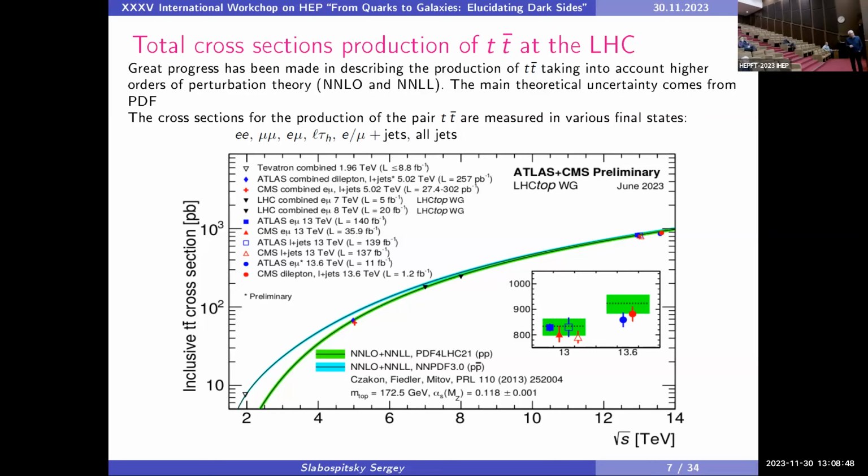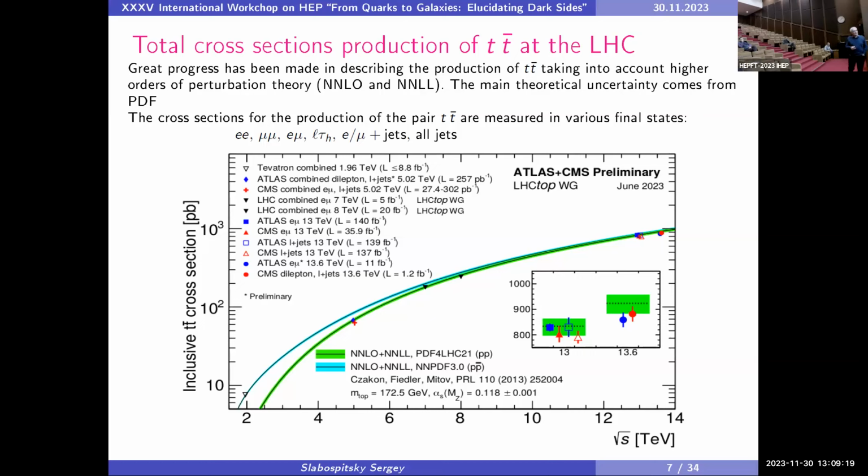Here, with the most accurate measurements of TT-bar pairs at the square root of S of 13 TeV, you can compare the theoretical predictions with the experimental data, and you can see that the agreement with the QCD prediction is, from my point of view, excellent agreement.